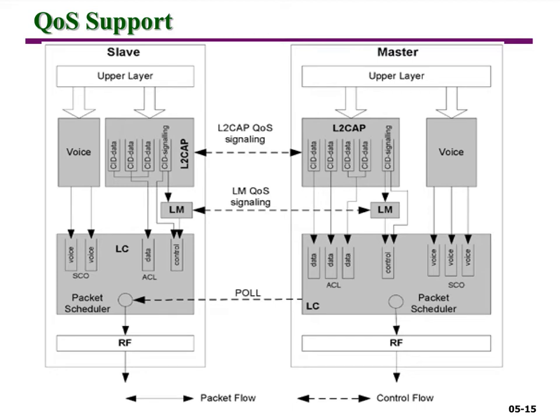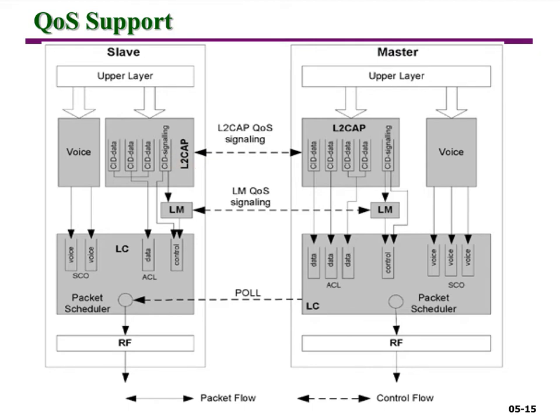Basically, the classification is done through the logical link control and adaptation protocol layer. This is the first layer, as we said before. This is the one that maps the application level requirements into the lower layer services in terms of SCO versus ACL and so on and so forth.